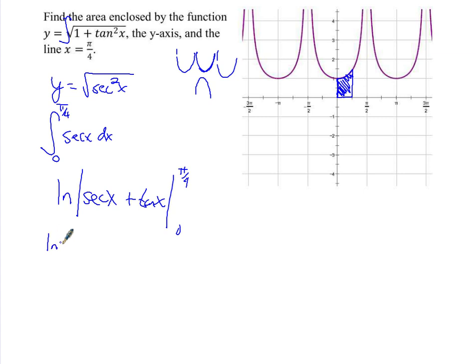So the natural log of the absolute value of secant pi over 4 plus tangent pi over 4, minus the natural log of the absolute value of secant 0 plus tangent 0. Okay, so this is the natural log of the absolute value of secant pi over 4.